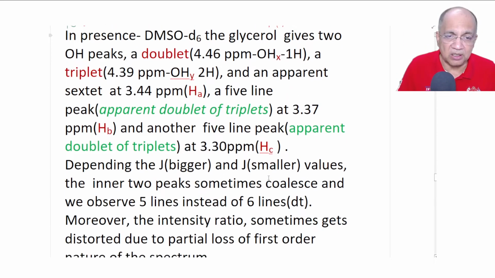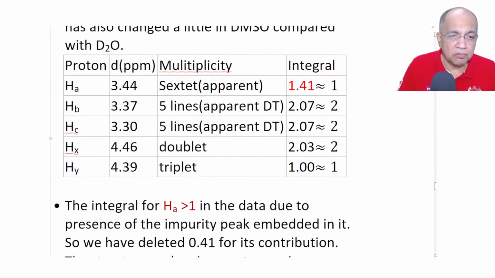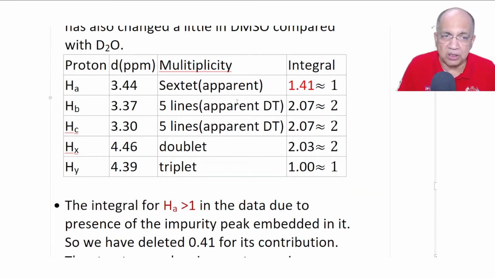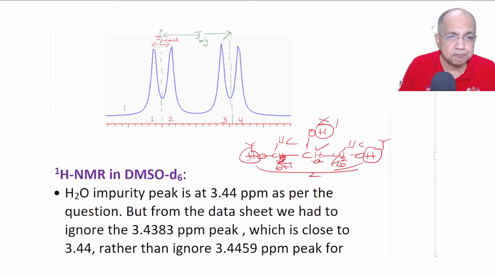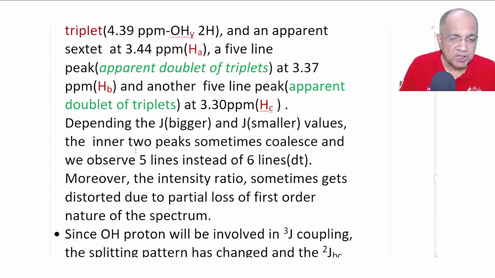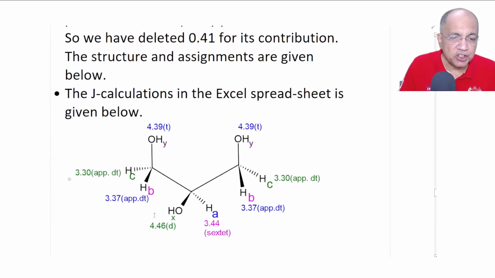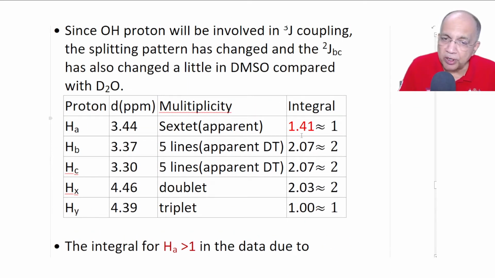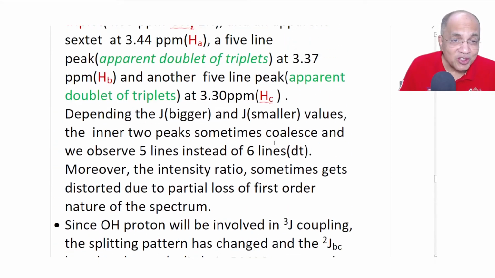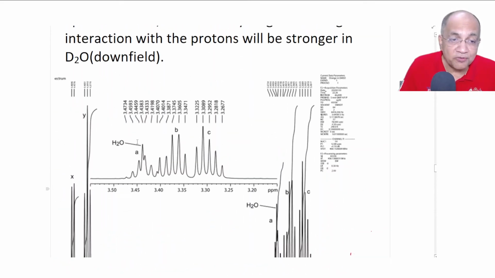Now we see here, I have shown the integral values for HA. Here is the structure, HA. The integral peak is showing 1.41 because some additional water peak is there.